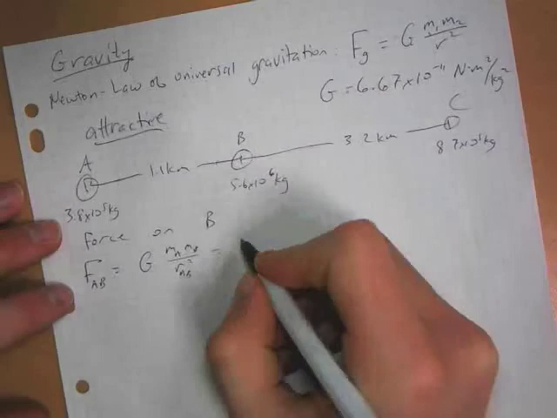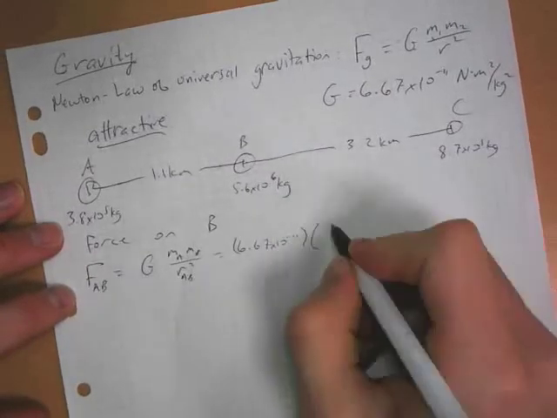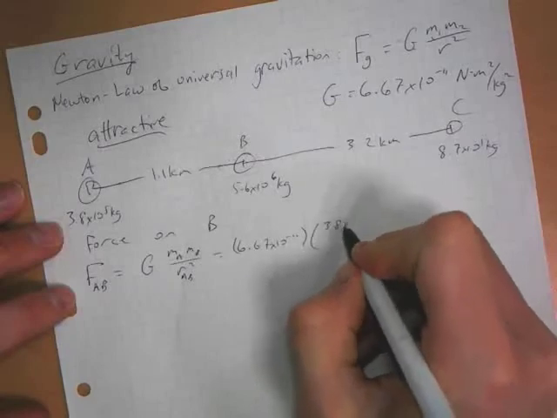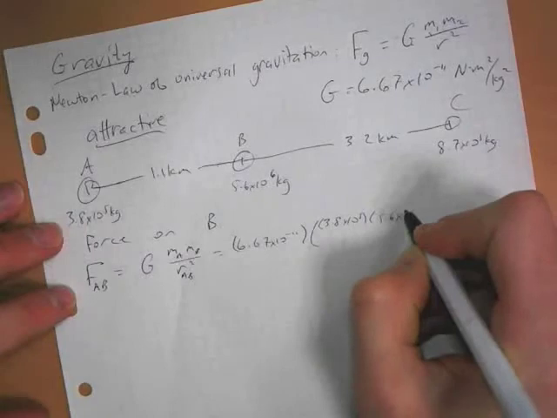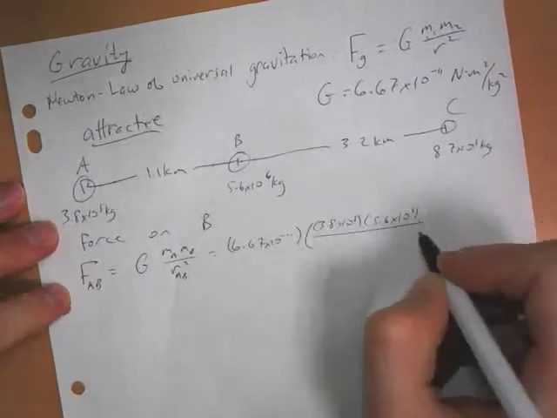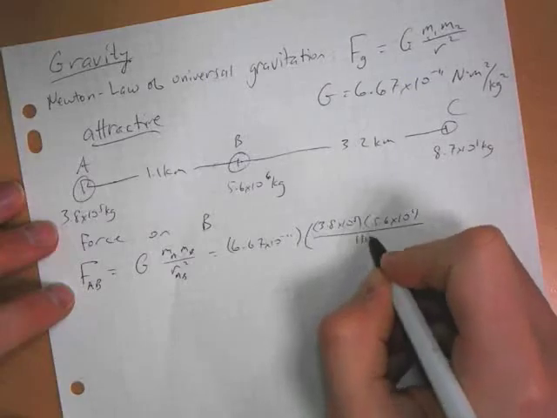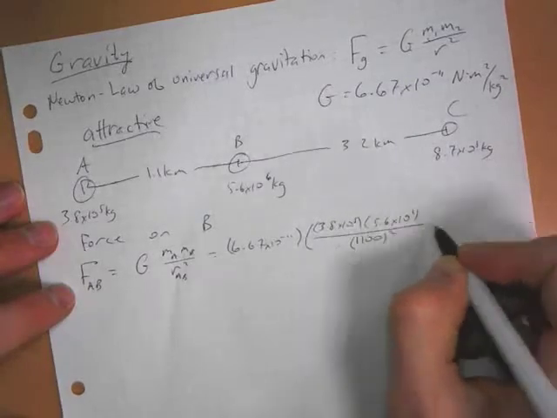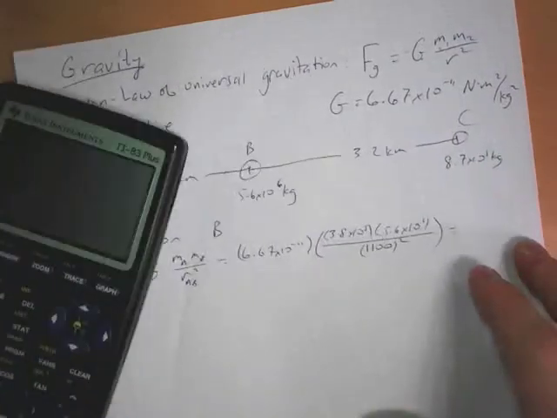So that's 6.67 times 10 to the minus 11th times the mass of A, 3.8 times 10 to the 5th, times the mass of B, 5.6 times 10 to the 6th, all over the distance between them, 1.1 kilometers, which is 1,100 meters squared. And we can stick that into our calculator.